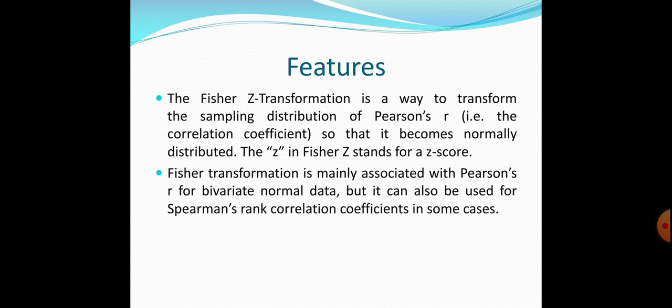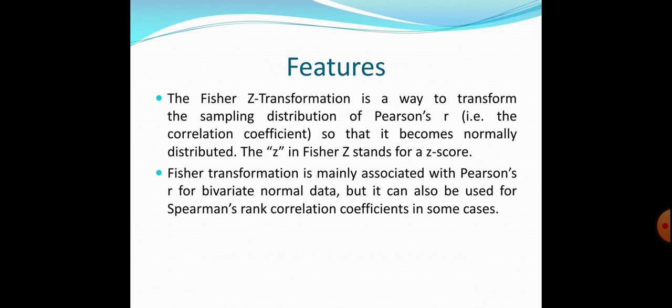Now the next one is the features of Z transformation test. Fisher's Z transformation is a way to transform the sampling distribution of Pearson's r, that is the coefficient of correlation, so that it becomes normally distributed.